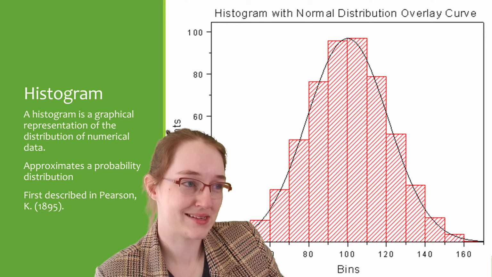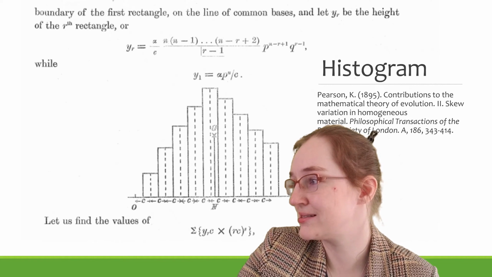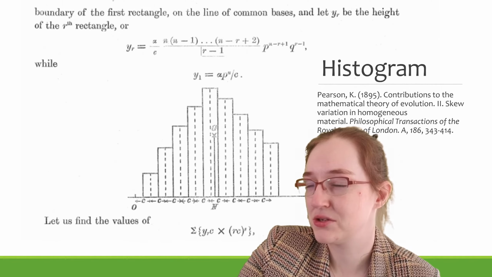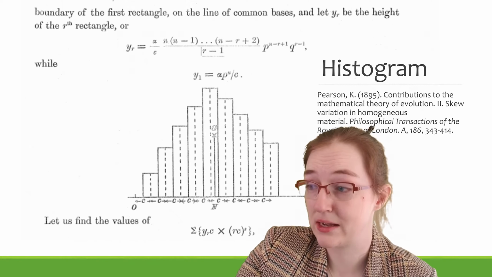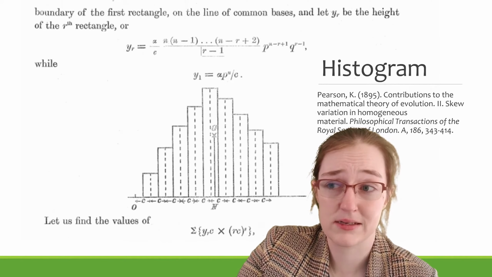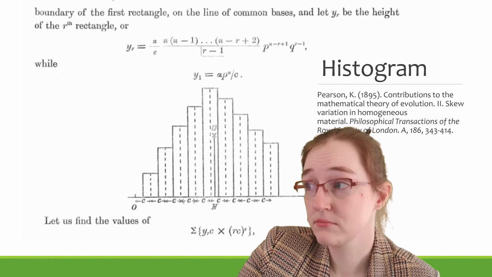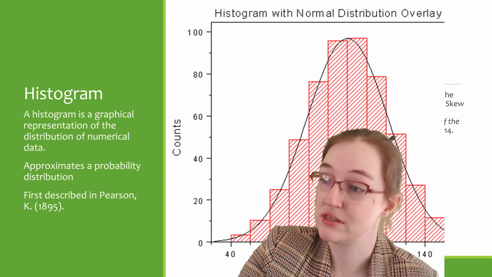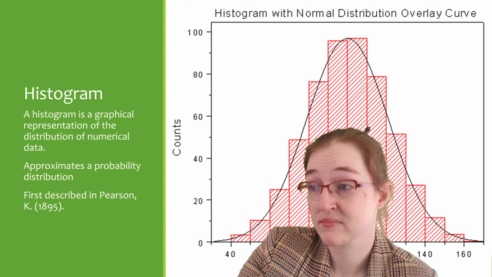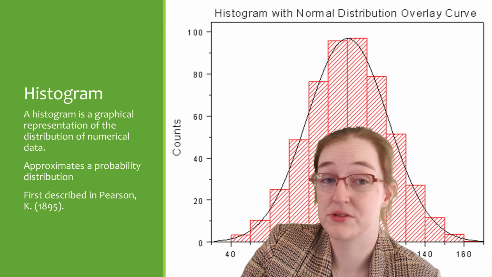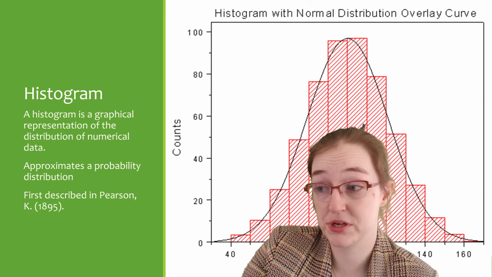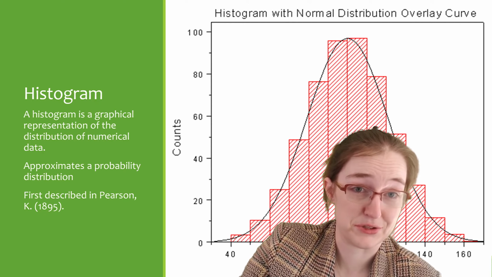And I've got his version on the next slide. Sorry, it's not the best resolution, but it's a way to illustrate data. And it does approximate the shape, as you can see with a nice overlay. The tighter your bins, so the smaller each bin is, the more normal, or the closer to your probability distribution it looks.